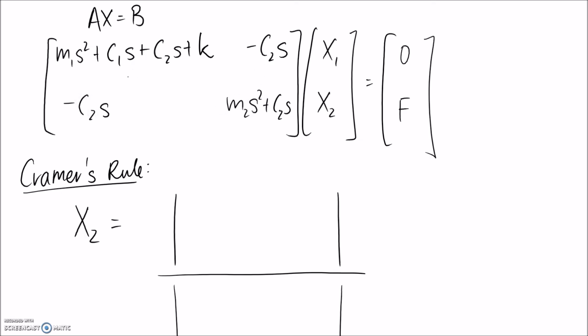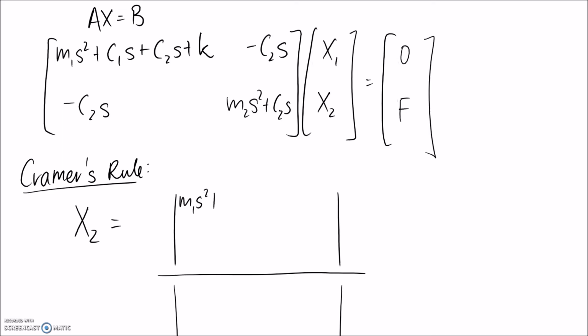What we want to do though is, since we're solving for the second variable, this is the first one, this is the second one, we need to put this matrix on the end into the second column. Okay, if we were looking for the first variable, so solving for x1, we would put this one into the first column. Okay, so we're looking for x2 in our case, so this is going to go into the second column.